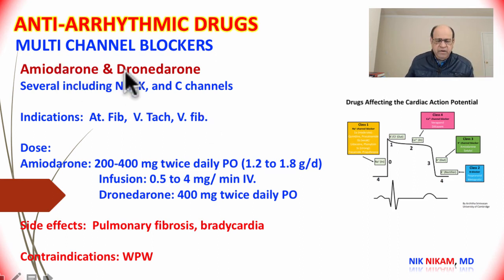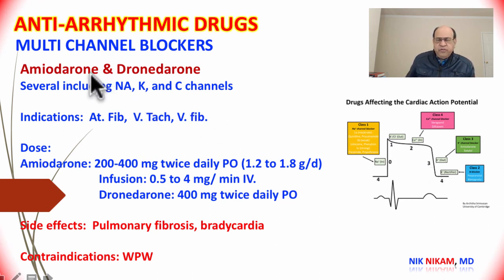Amiodarone and dronedarone belong to one class where these drugs act on multiple phases of the action potential. In fact, amiodarone and dronedarone work on the sodium channel, that is phase 0. They also work on the calcium channel, which is phase 2, and they also work on the potassium channel, which is phase 3 of the action potential.